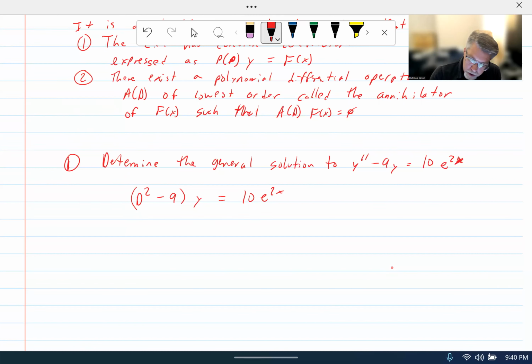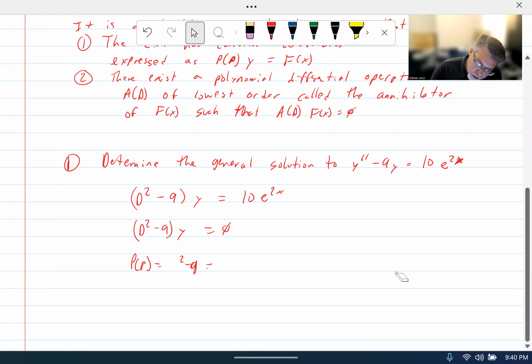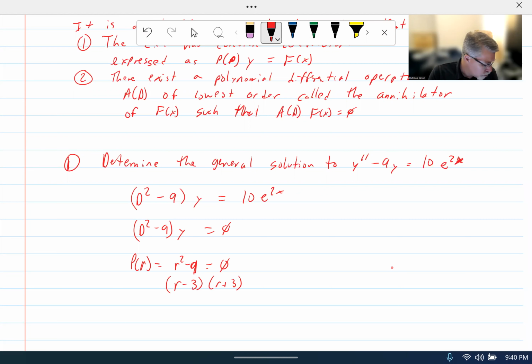So let's get yc, which is just solving for the homogeneous part. D squared minus 9 of y is equal to 0. So we get p of r equal to r squared minus 9, so r minus 3 and r plus 3.